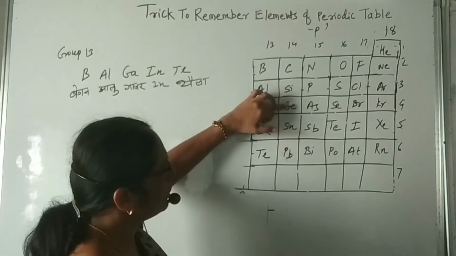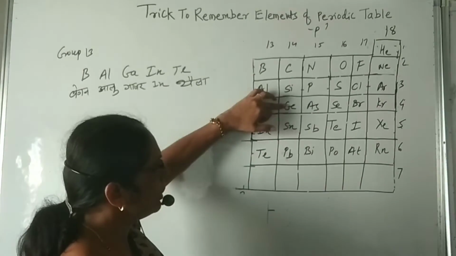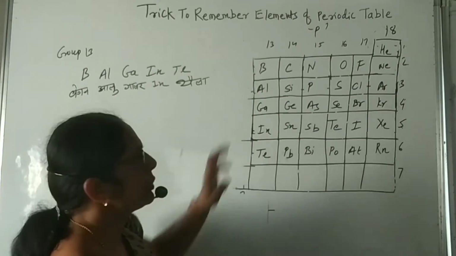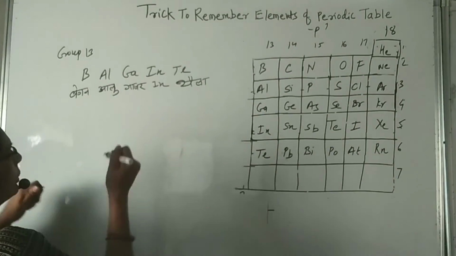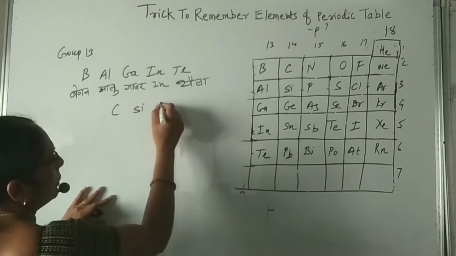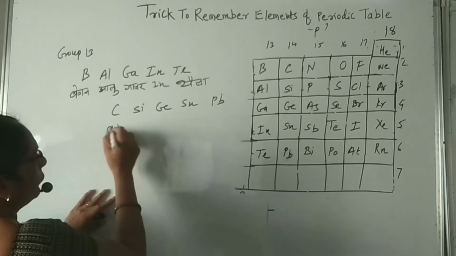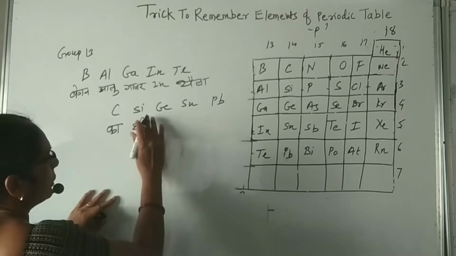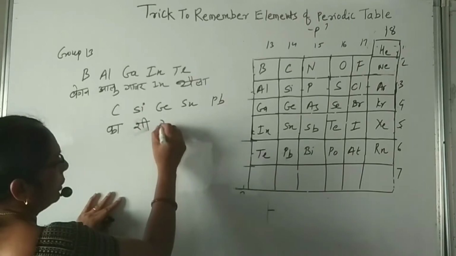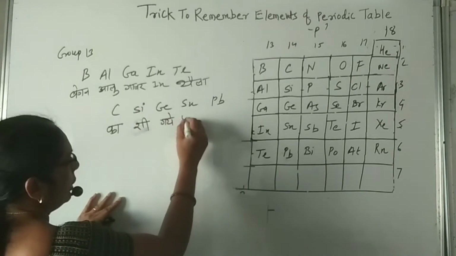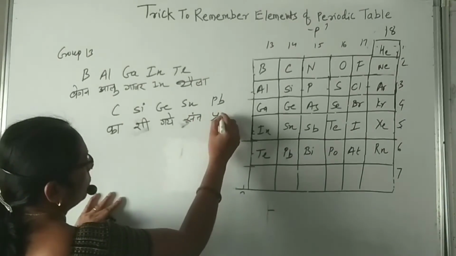Group 14: carbon, silicon, germanium, tin and lead. So for this we can remember: Ka for carbon, Si for silicon, Ge for germanium, Sn for tin, Pb for lead. Kashi Gaye Sant Prabhu.